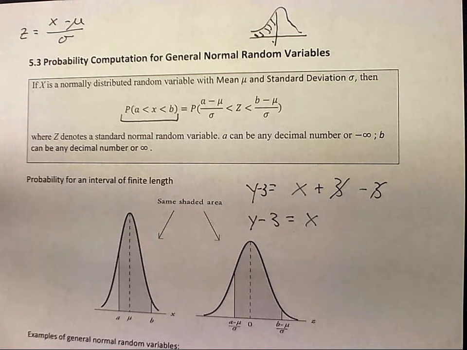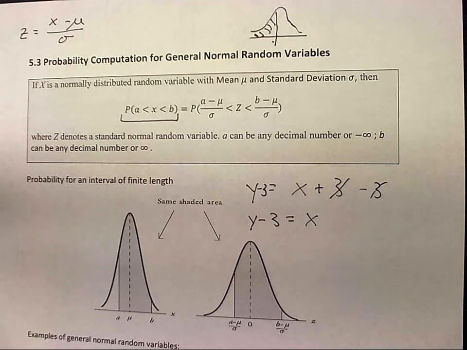Whatever we do to X, we also have to do to A, and we also have to do to B. We know that if we have an X, and we subtract the mean and divide by the standard deviation, our X became a Z. But because we did that to the X, we also have to take A and subtract the mean and divide by the standard deviation, and we also have to take B and subtract the mean and divide by the standard deviation. So basically, we're just going to subtract the mean and divide by the standard deviation of all these things.